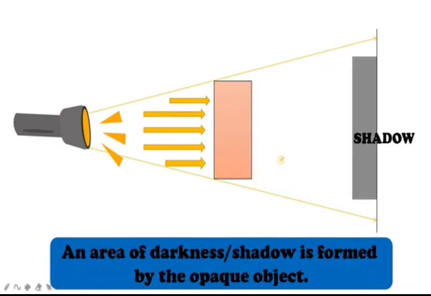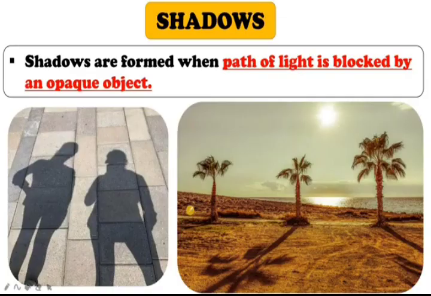Here light cannot reach, and it forms a shadow. This is how shadow formation takes place. An area of darkness is formed by the opaque object. Shadows are formed when the path of light is blocked by an opaque object.